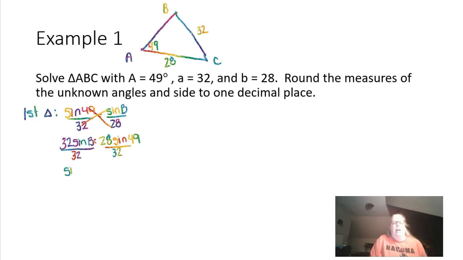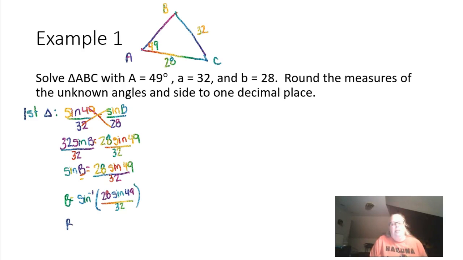That gives us the sine of B is equal to 28 sine 49 divided by 32. Since we're solving for B, angle B is equal to the inverse sine of 28 times the sine of 49 divided by 32.